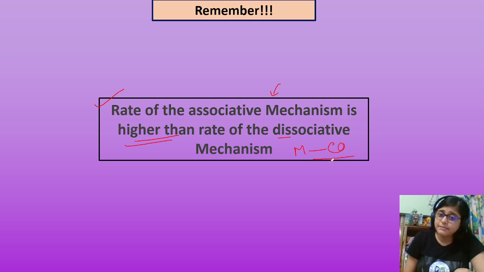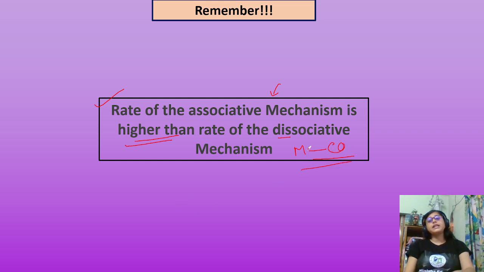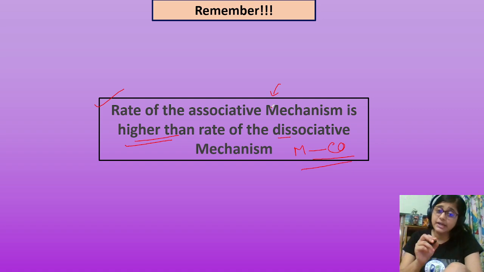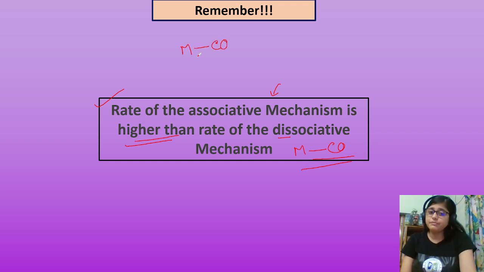And breaking of the M-CO bond is much more difficult than breaking another ligand, because I have taught you this when I was teaching carbonyl chemistry, carbonyl bonding with metal.